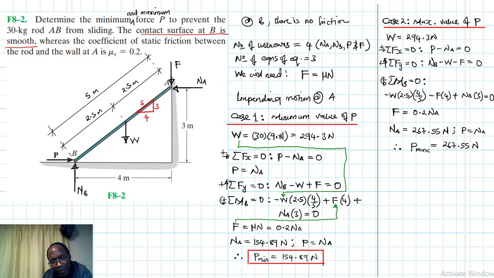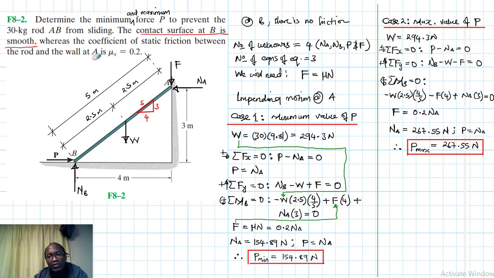One catchword: there is impending motion at what? At A. So impending motion means the bar at A is at the verge of moving. So if we slightly increased our maximum force, if we increased P even by 0.1, then we expect motion at A.